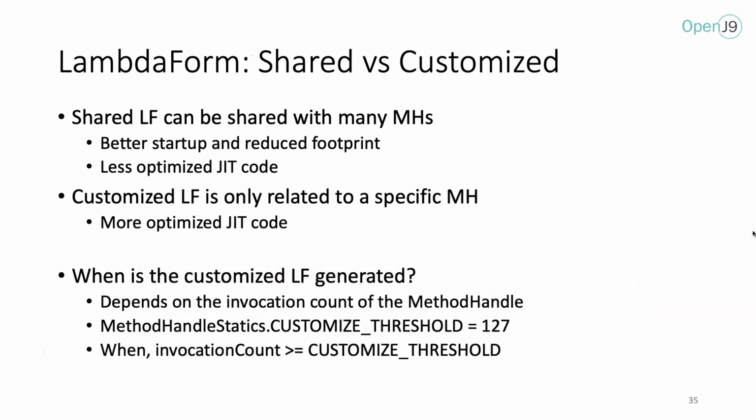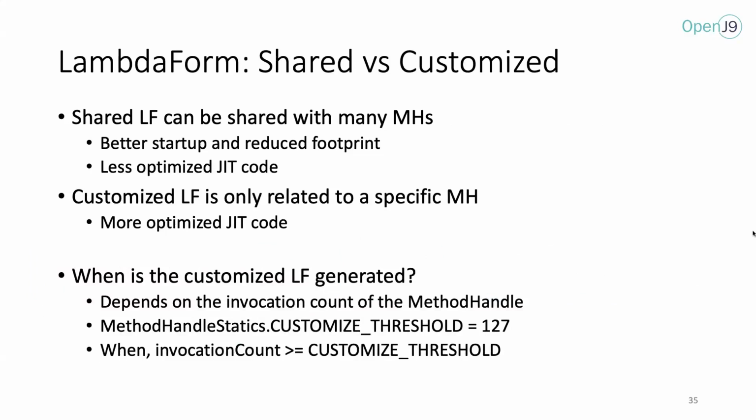So what are the pros and cons of sharing versus customizing? Shared LambdaForms will lead to better startup and reduced footprint because there will be fewer LambdaForms, and each LambdaForm will correspond to a class, so fewer classes.